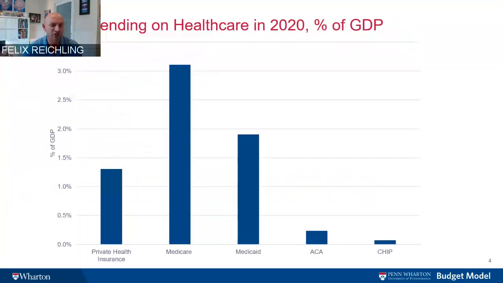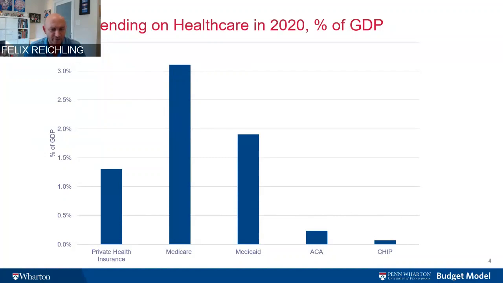All right, so the next picture, just to give you a quick background, I'm sure many of you are already familiar with this, but the federal government spends a lot of money on healthcare. I'm sure you're all aware that Medicare and Medicaid are the two biggest programs, with a combined roughly 5% of GDP. So this is data from CBO, by the way, for fiscal year 2020.